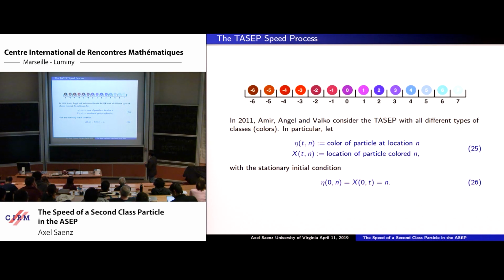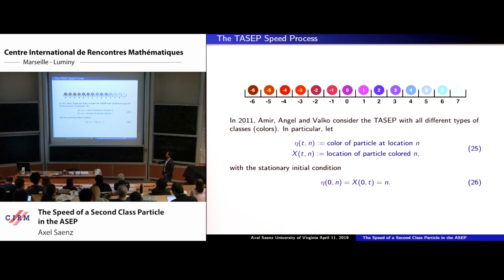In particular, there are two ways to look at the configuration of the ASEP speed process, or this multi-species ASEP. One way is to record the color of the particle at location n at time t. This is going to be eta, which is similar to what we looked at before.